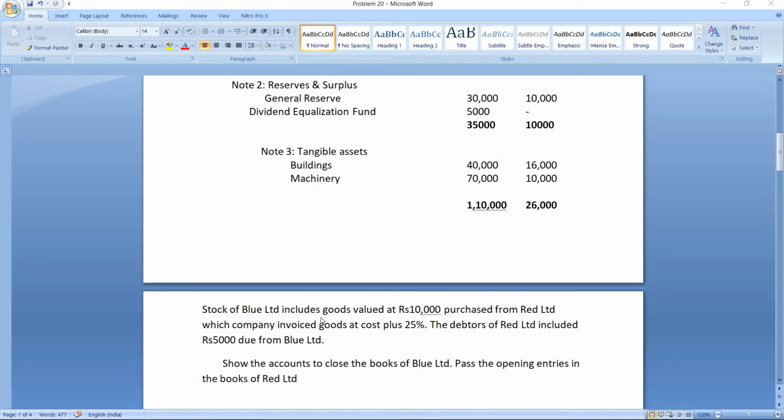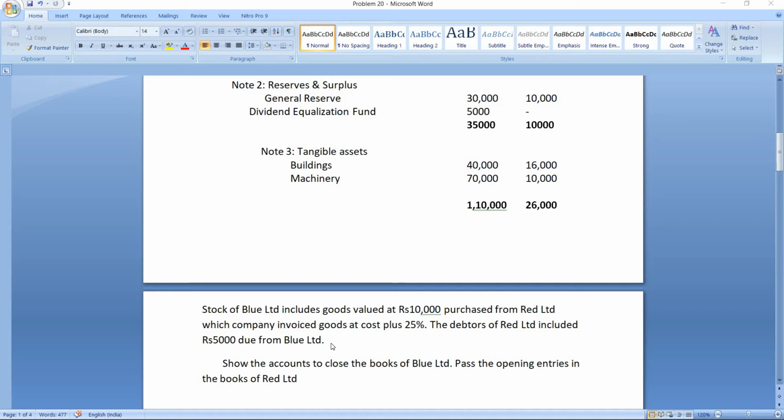Stock of Blue Limited includes goods valued at rupees 10,000 purchased from Red Limited, which the company invoiced at cost plus 25%. The debtors of Red Limited included rupees 5,000 due from Blue Limited. Now this is some different information which is given in the problem.